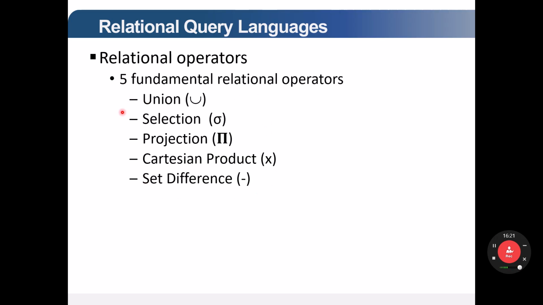But among those many relational operators, these 5 operators are considered the most fundamental: union, selection, projection, Cartesian product, and set difference. The reason is all other relational operators can be defined as a combination of these 5 operators. So we consider these 5 operators are the most fundamental relational operators.